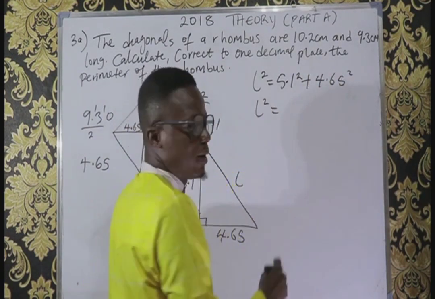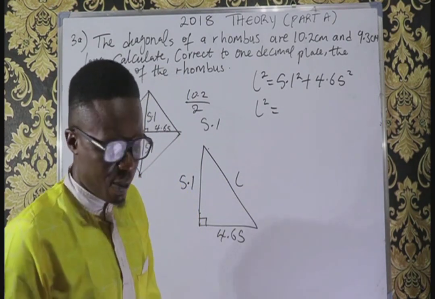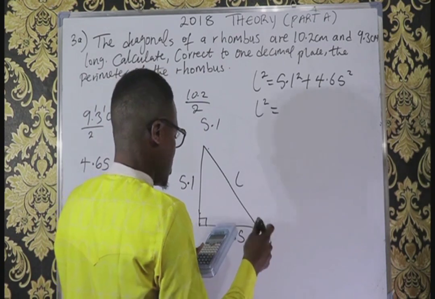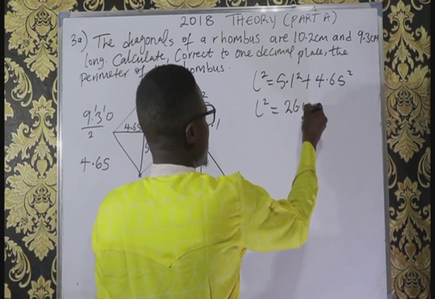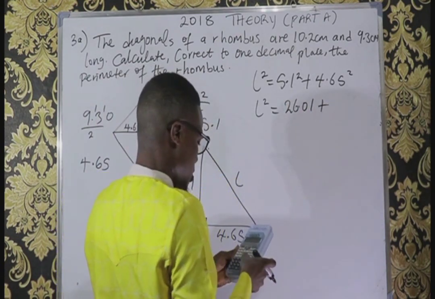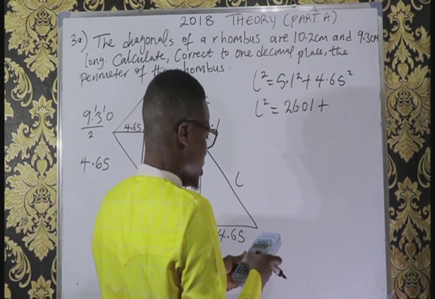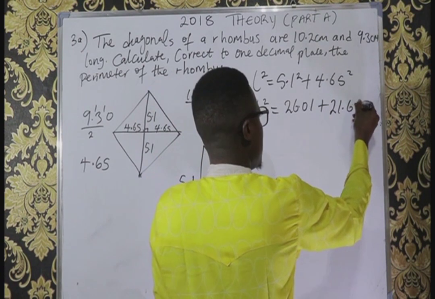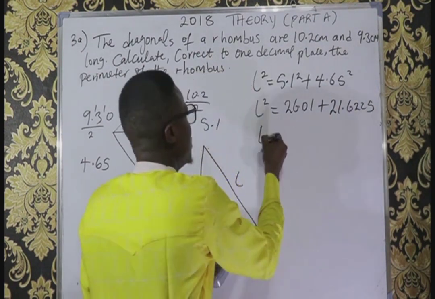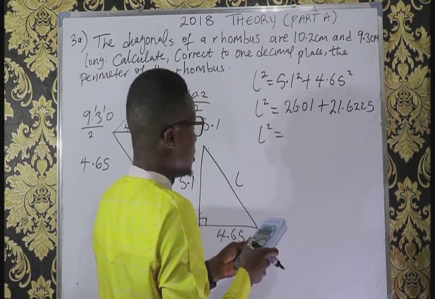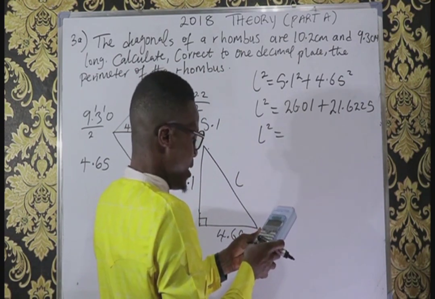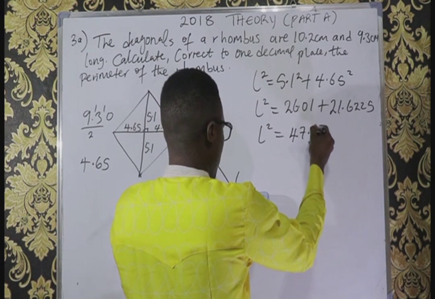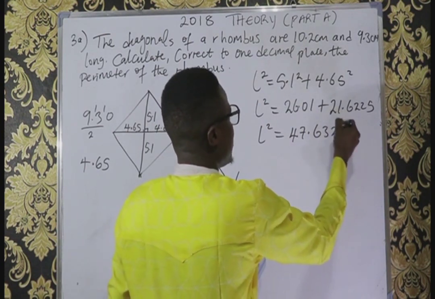So L squared will give me, let's get 5.1 squared. 5.1 squared will give us 26.01 plus 4.65 squared will give us 21.6225. When I sum up, I will have 47.6325.